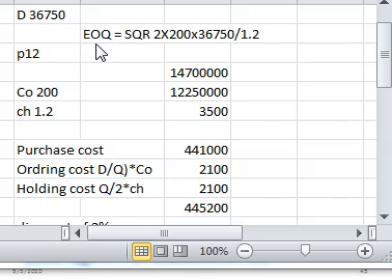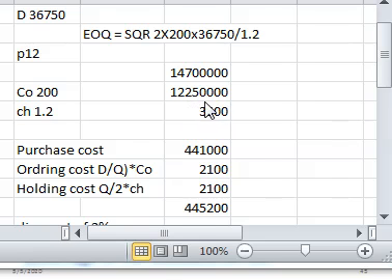Economic order quantity is the square root of 2 times ordering cost times annual demand, divided by the holding cost. So we take 2 times our ordering cost, 200, times our annual demand, then divided by 1.2. We get our economic order quantity, which is 3,500.